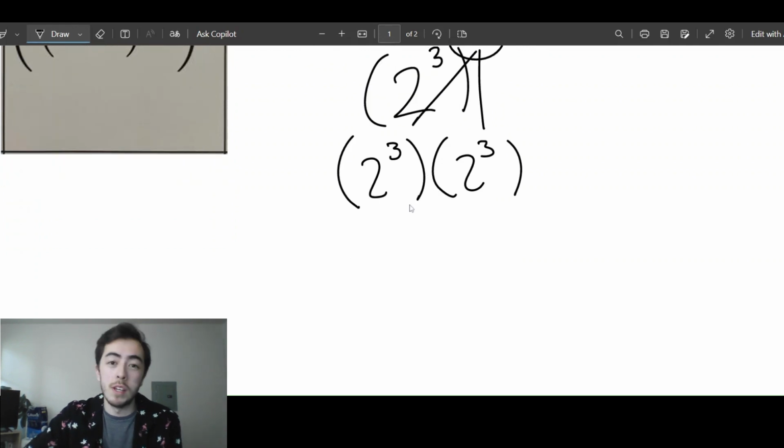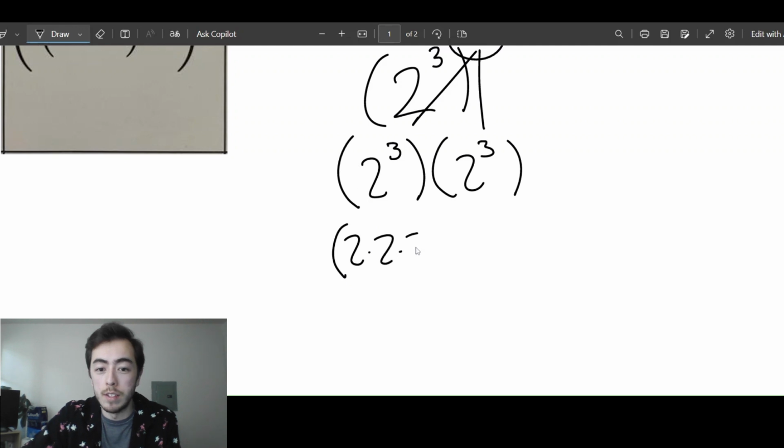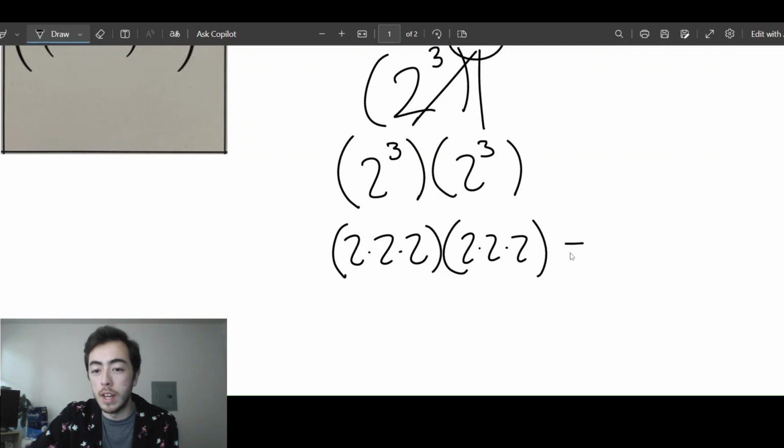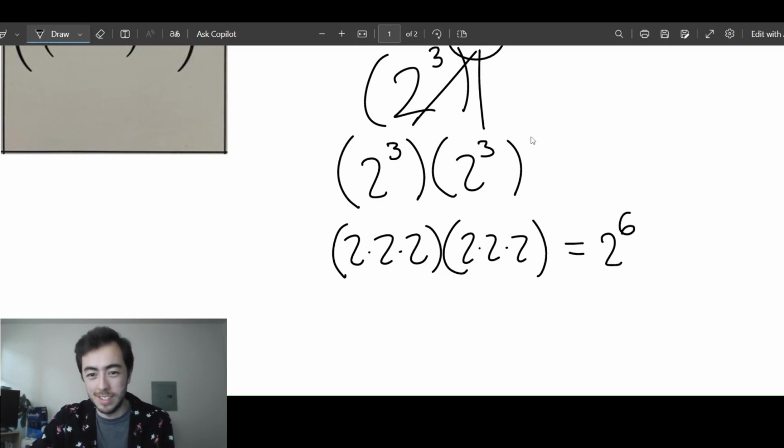And then the meaning of cubing something is just multiplying it 3 times over. And so I have 3 2's over here and 3 2's over here. And ultimately, I have 6 2's, which is, I think, 64. But more importantly, at least for my example here, it's 2 to the power of 6.